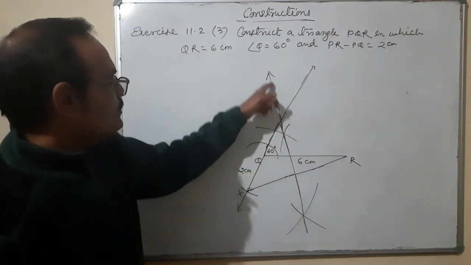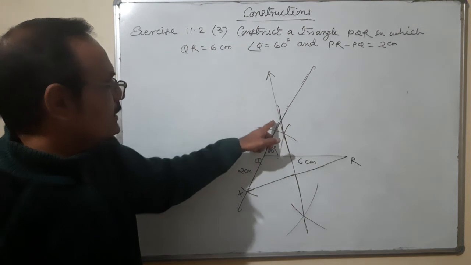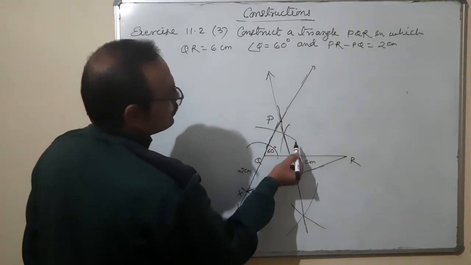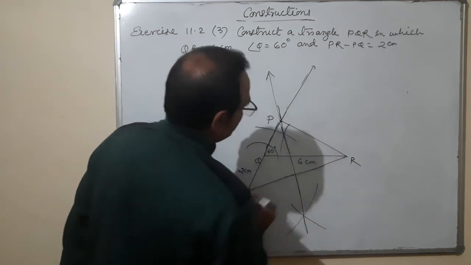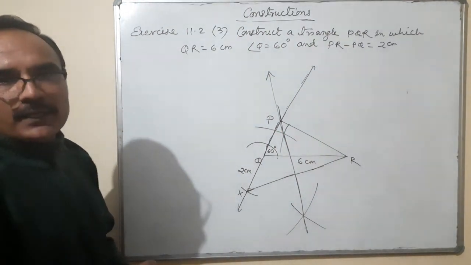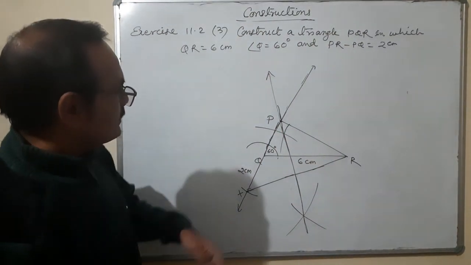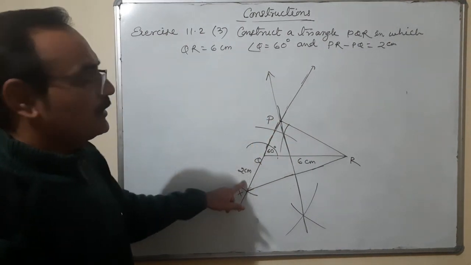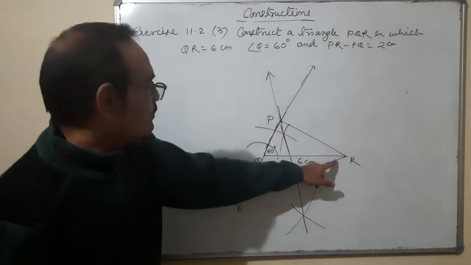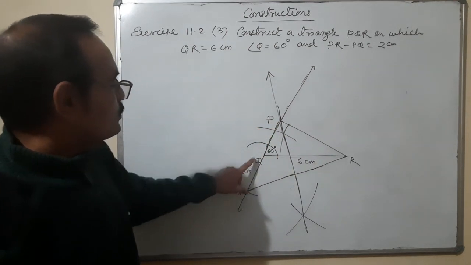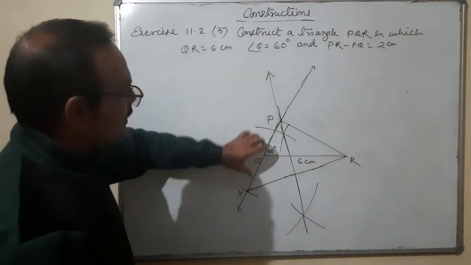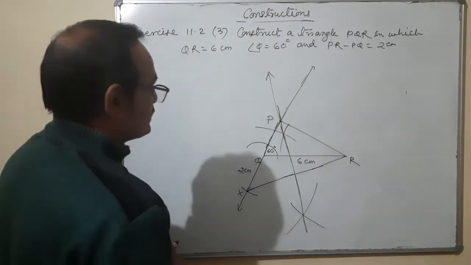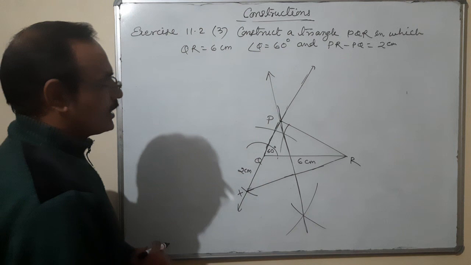The point where this perpendicular bisector intersects the ray, its name is P. And through this point P, you join P to R. So now we see that PR minus PQ is equal to 2 centimeter, because this 2 centimeter is the difference between these two sides. Because here the two triangles are congruent.